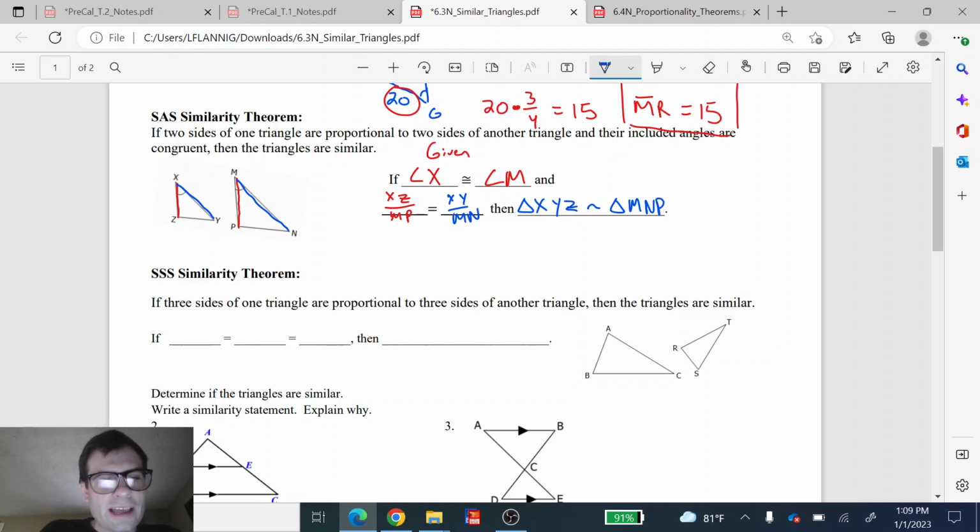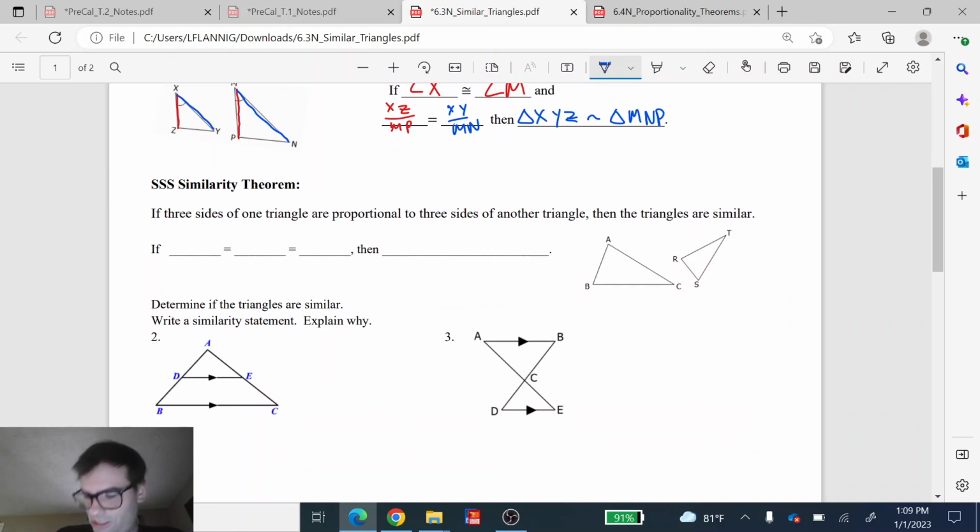The last one is the side-side-side similarity theorem. If three sides of one triangle are proportional to three sides of another triangle, then the triangles are similar. So this is pretty easy. We'll say AB is in blue, and RS is the corresponding side.